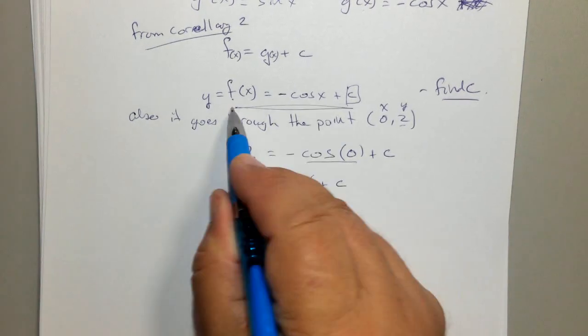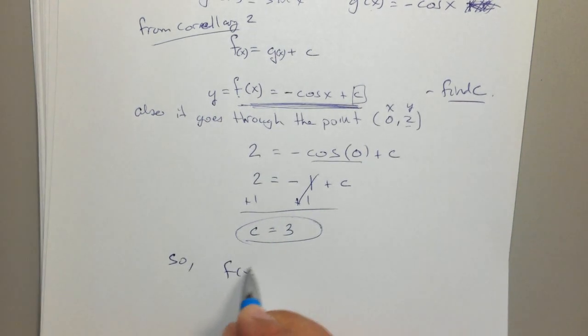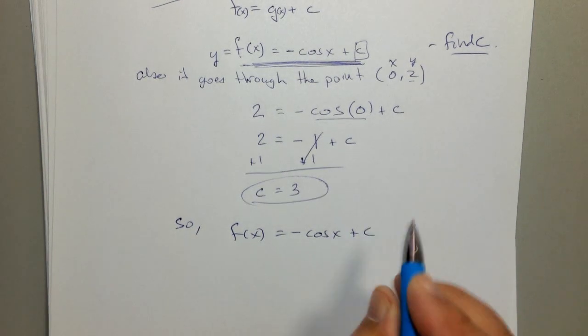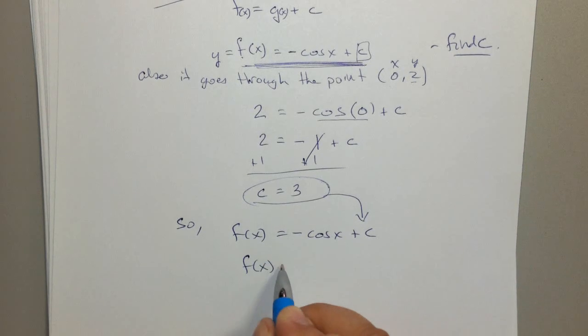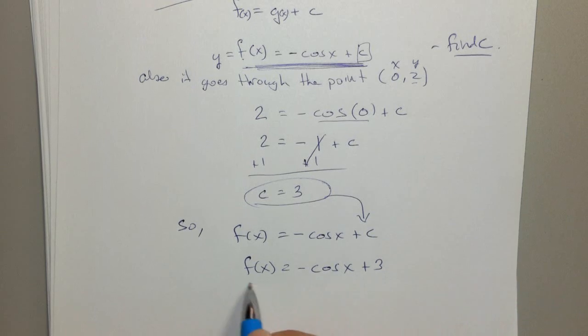Now we can define the function. So f of x equals negative cosine x plus c, equals negative cosine x plus 3.